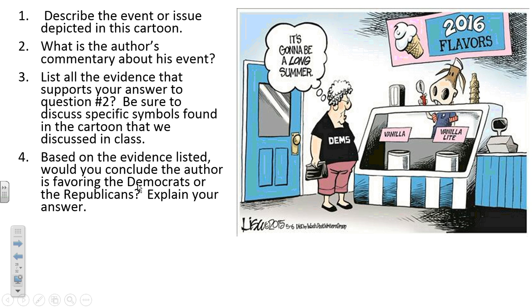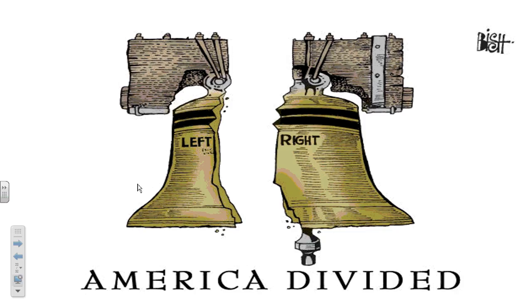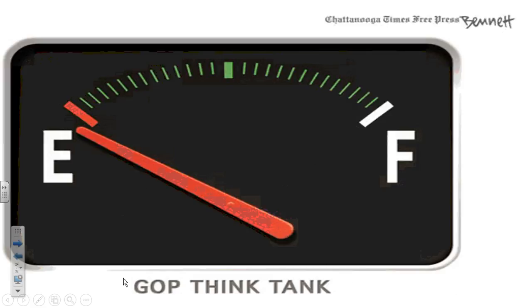But if we go back, what is the author's commentary? Remember, we looked at this one. Well, the author's commentary is that the Republicans are out of ideas. What evidence do I have to show that? Well, this is a gas gauge, and the gas gauge is on empty. The gas gauge is representing the Republican Party's ideas. How do I know it's the Republican Party?